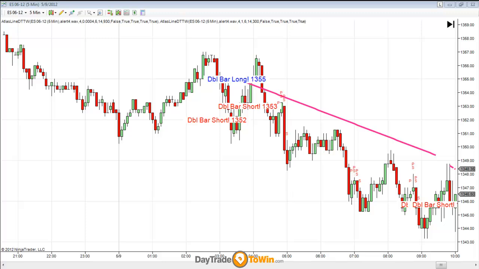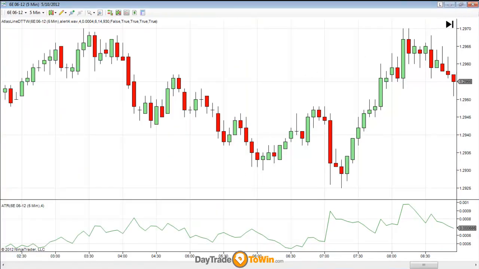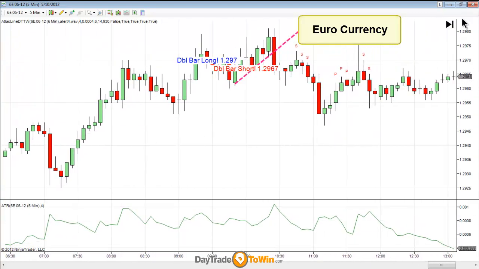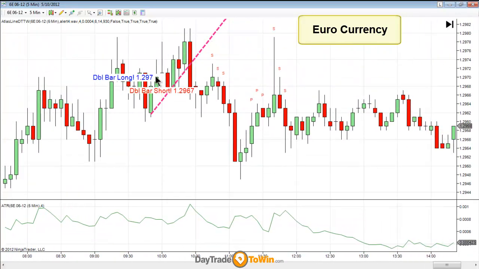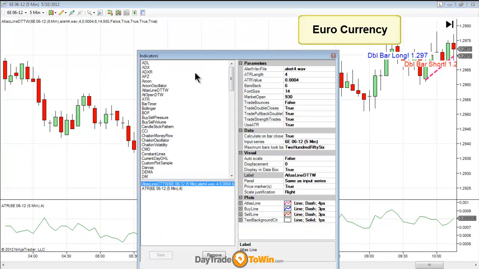Let's take a look at the Euro currency and add an overnight Atlas Line showing the trades that occurred when the London Open occurred. So here I have the overnight session on the Euro currency. This is the current day session here, 9:30 US market open. So let me add a second Atlas Line to the chart.